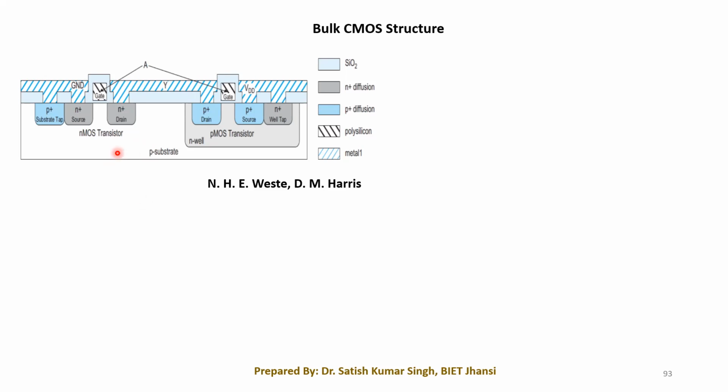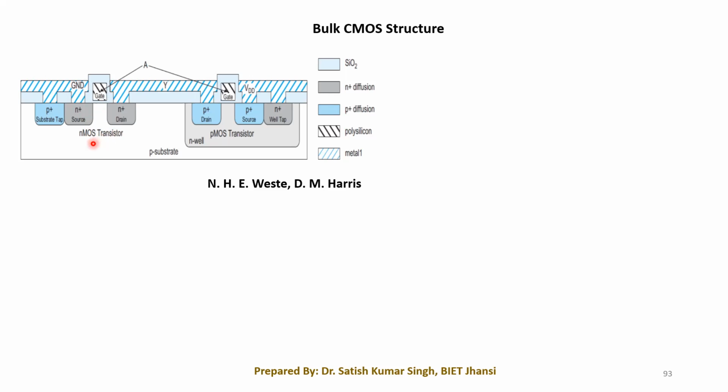Within this P type substrate, we have to make certain regions that contain n-type dopants. Two such regions we have to take, and in between there will be a p-type substrate. That will act as a channel that is inverted during operation. One of the terminals will become the source, and the other will become the drain terminal.